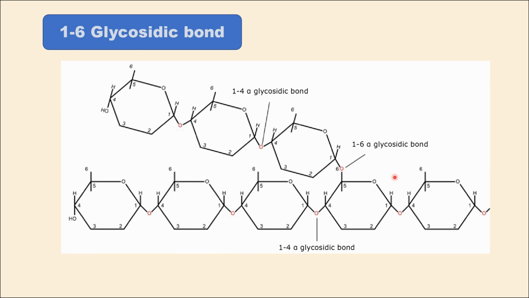The ability to form branches is essential for the functionality of many polysaccharides, as it influences their properties and how they interact in biological systems. Understanding these types of glycosidic bonds is key to grasping how polysaccharides are structured and how they function.